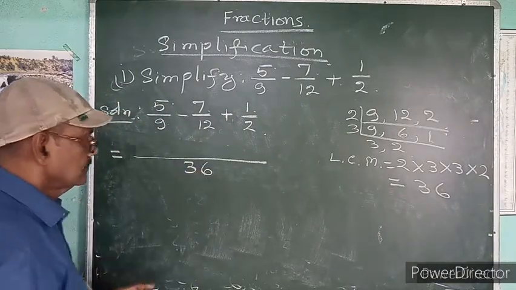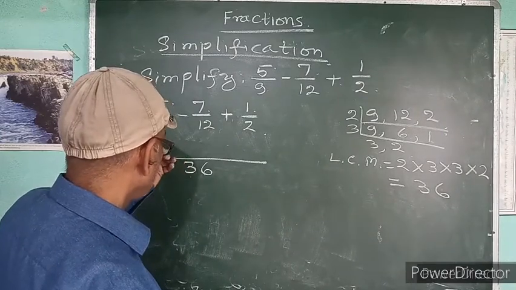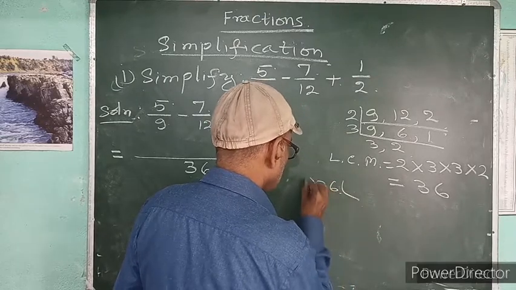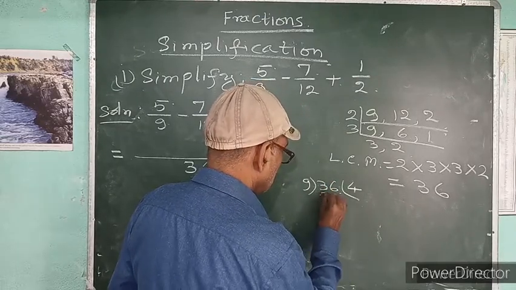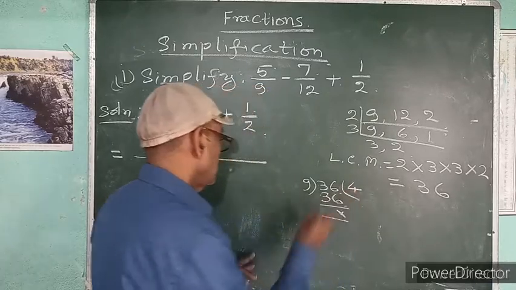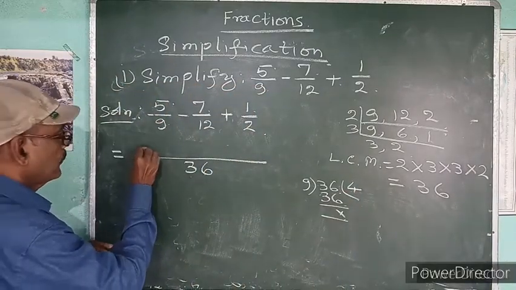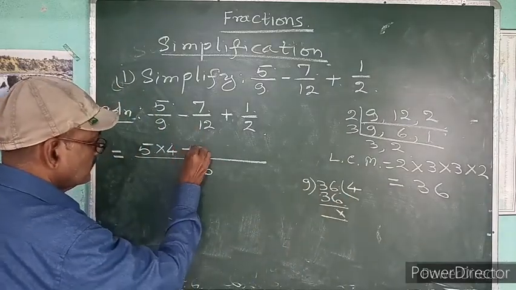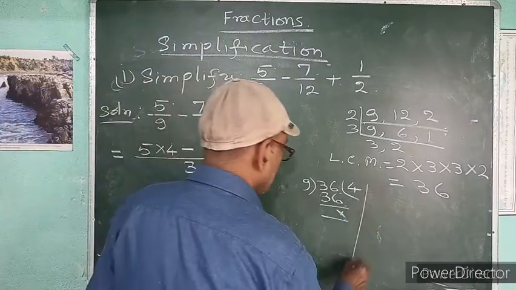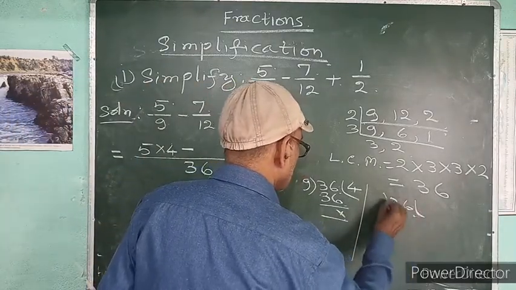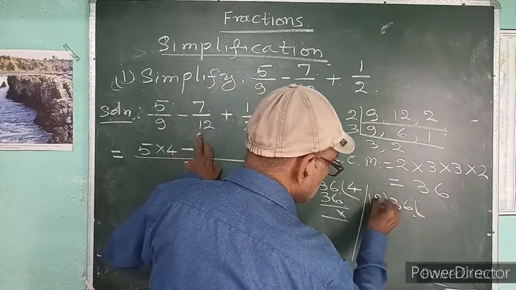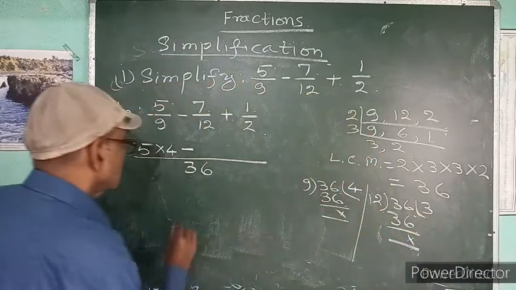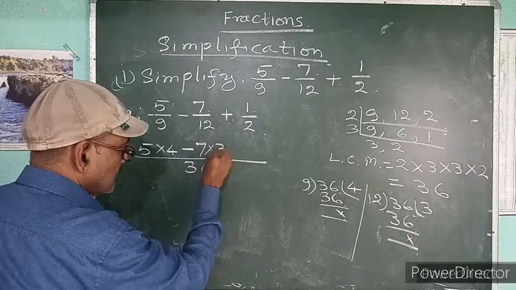Now this 36 we divide by 9. 9 fours are 36. Multiply the numerator 5 by quotient 4. Now take down minus. Divide again 36, now by 12. 12 3s are 36. Now multiply 7 by quotient 3.